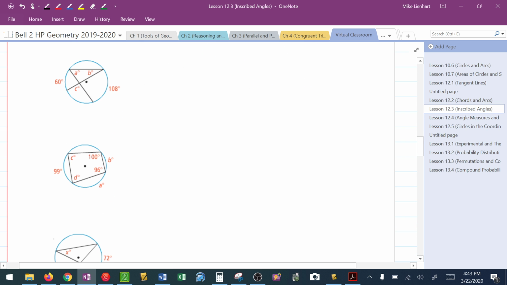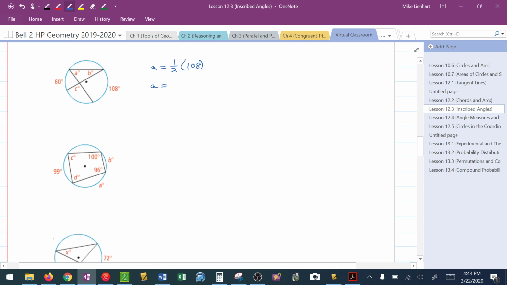All right, in this next problem, they want me to find 3 different angles. Well, let's see. There's a few different approaches. I'm going to do what comes first, or what I see first. I see that A is an inscribed angle, and its intercepted arc is 108.